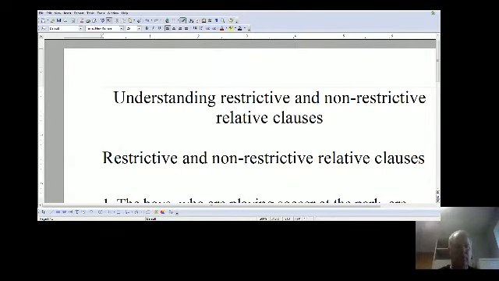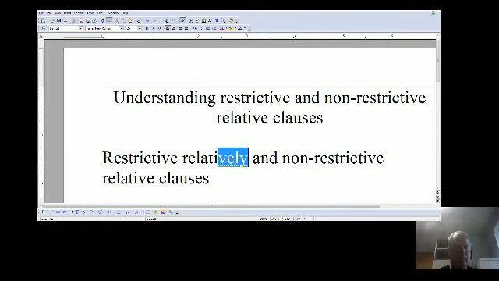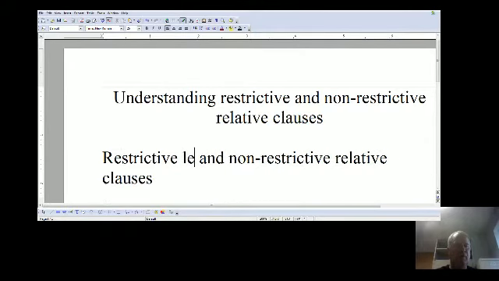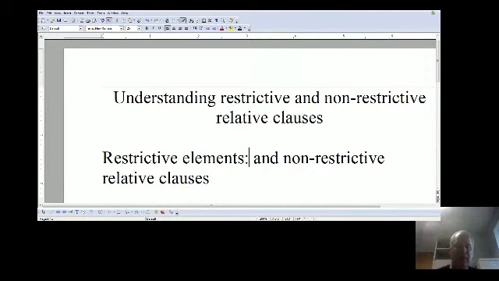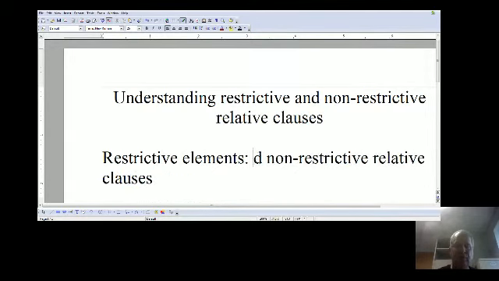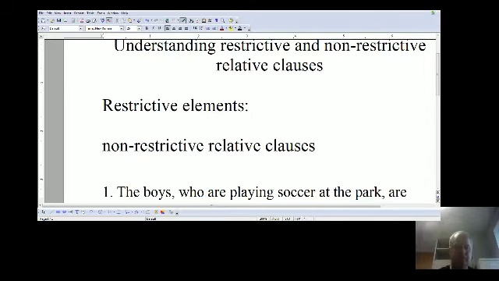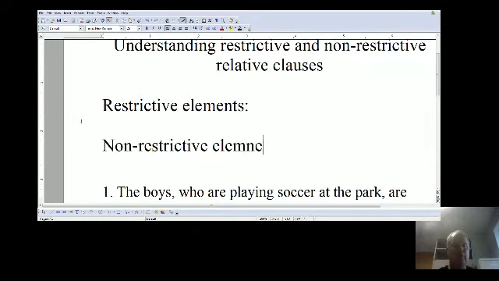Okay, so we have restrictive. We can just call them elements too if we want. A restrictive element means it might be a clause, it could be a phrase. We have non-restrictive elements, maybe. And for the sake of this particular video, for this live stream, I'll be using adjective clauses as examples.